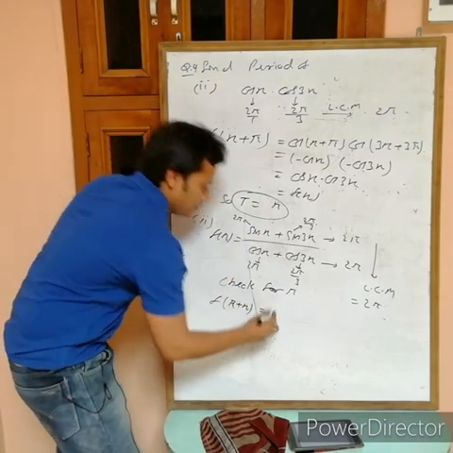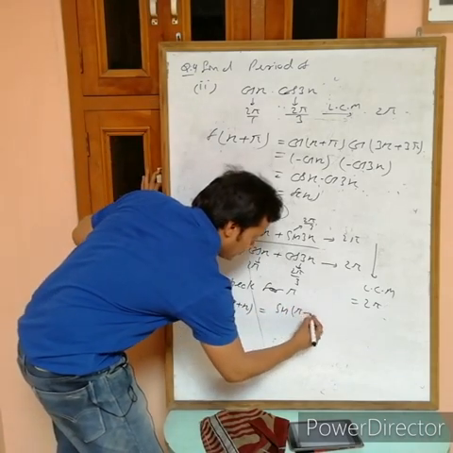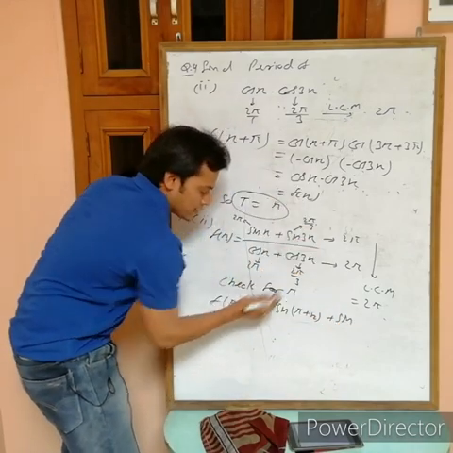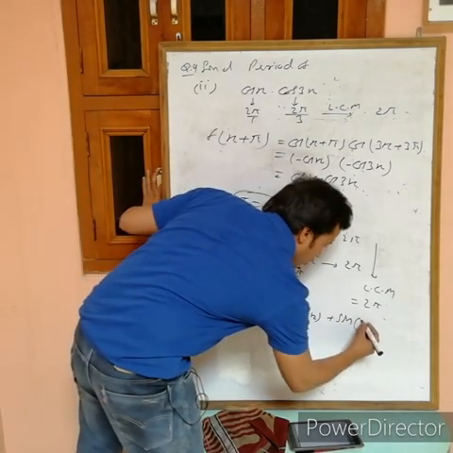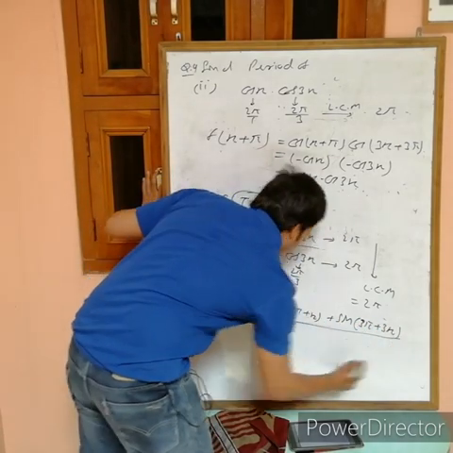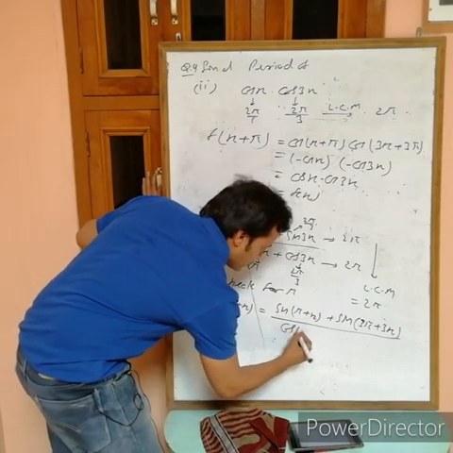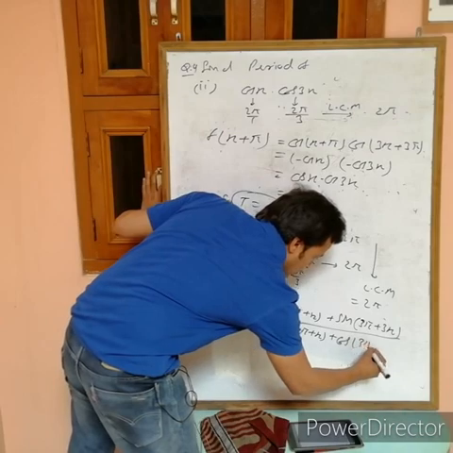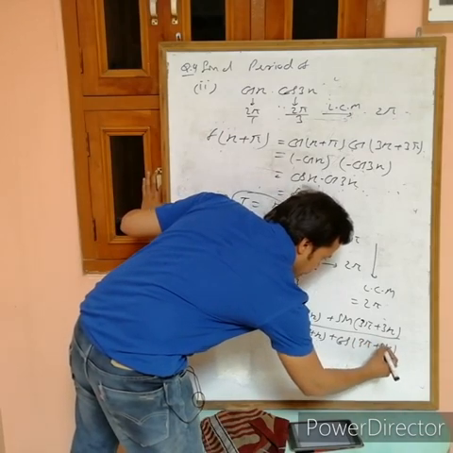Replace x with pi plus x, then what are we getting? sin 3 pi plus 3x by cos pi plus x plus cos 3 pi plus 3x.